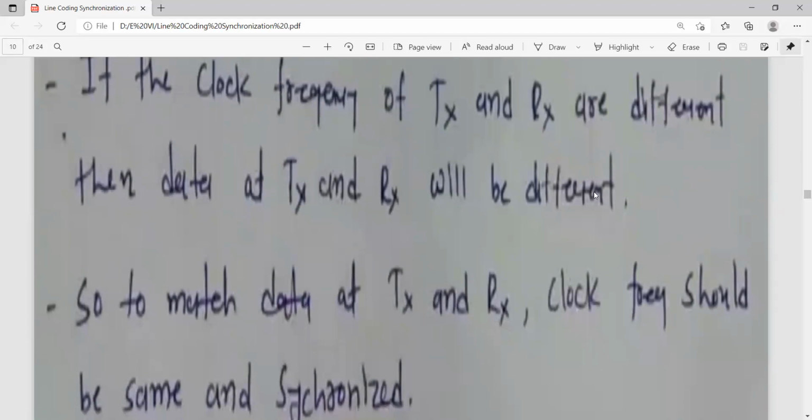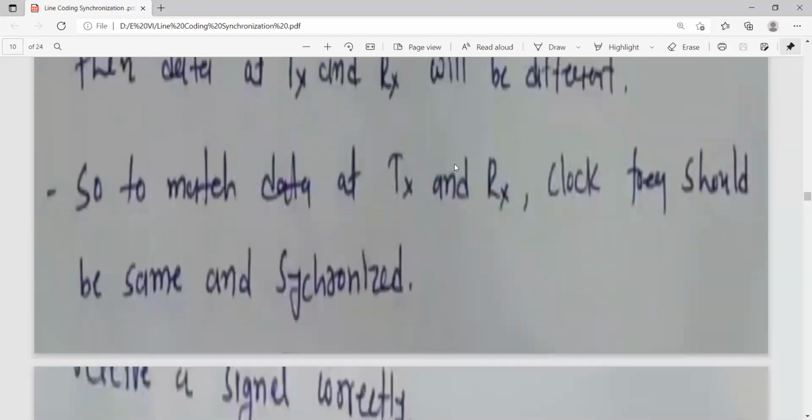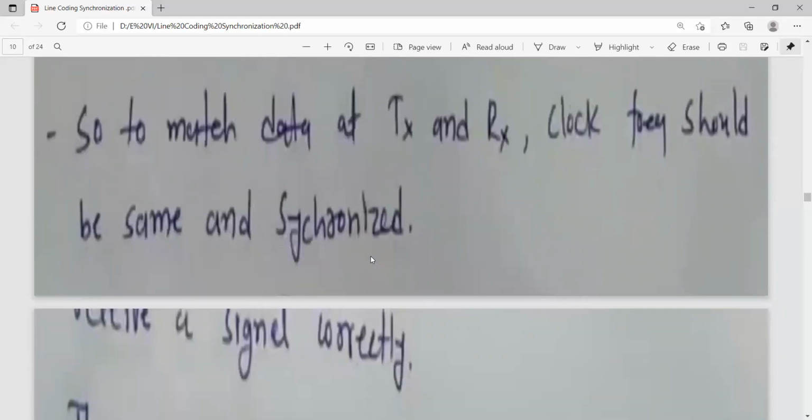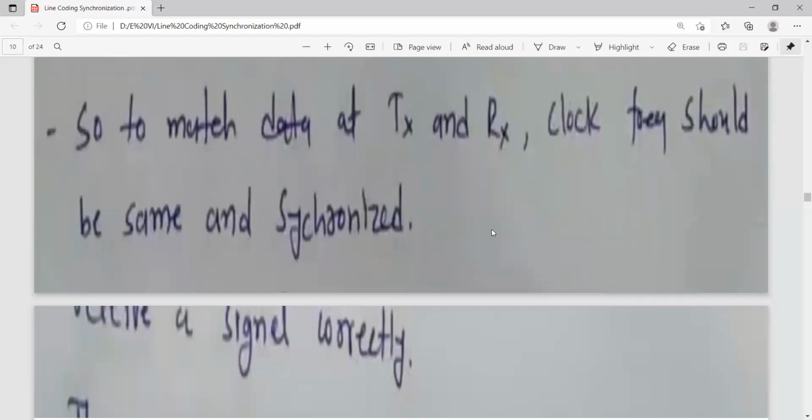If there is a deviation in the clock frequencies, the received signal and the transmitted signal may differ, which is a source of error. So to match data at TX and RX, the clock frequency should be the same and synchronized. Both clock frequencies must be equal. That is generally the synchronization of the clock.